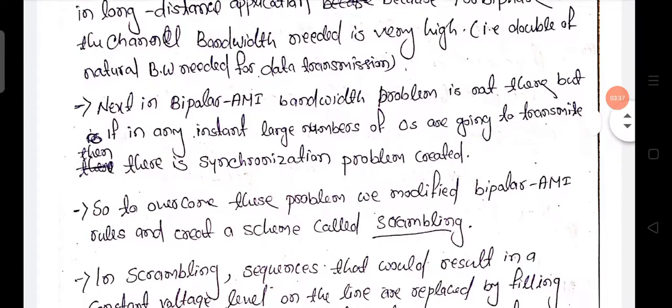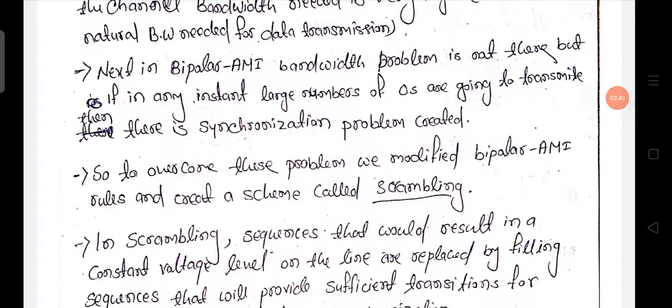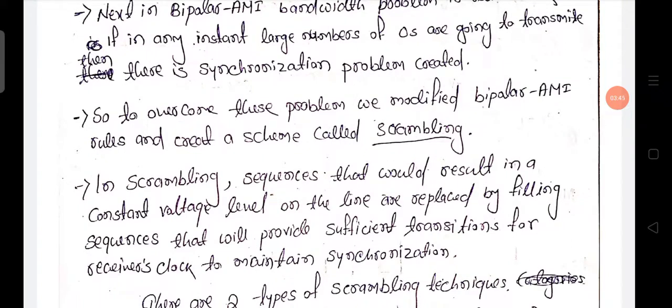To overcome these problems we modified the bipolar AMI rules and created a scheme called scrambling. In scrambling, the sequences that would result in a constant voltage level on the line are replaced by filling sequences that will provide sufficient transitions for the receiver's clock to maintain synchronization.